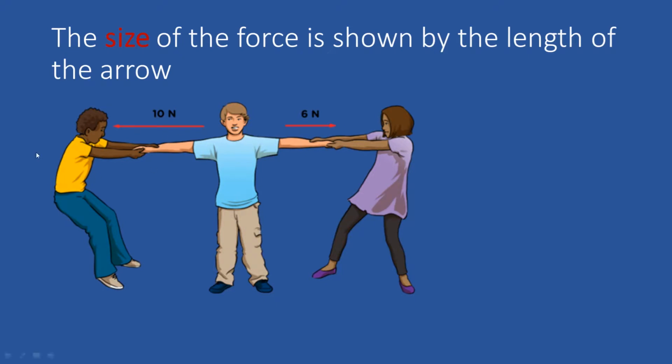So let us compare. Forget about the numbers. Let us compare the arrows. Which arrow is bigger or taller? Of course, the arrow directed to the left is bigger than the arrow directed to the right. So you must deduce that the size of the force directed to the left is more than the size of the force directed to the right.